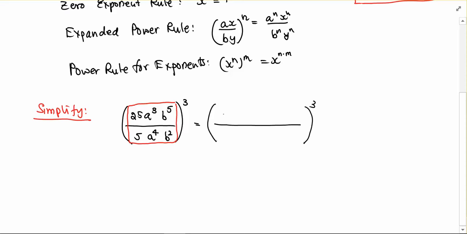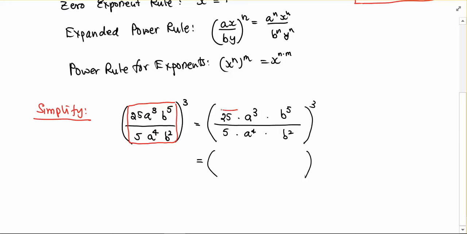So I would like to see 25 over 5 dealt with, and then a to the 3 and a to the 4. I know there's a big gap there, but it doesn't matter. I just want to have space to work with this. b to the 5 and b to the 2nd.